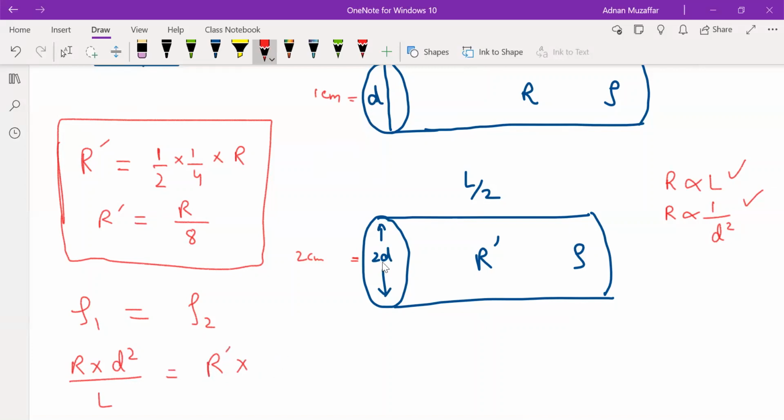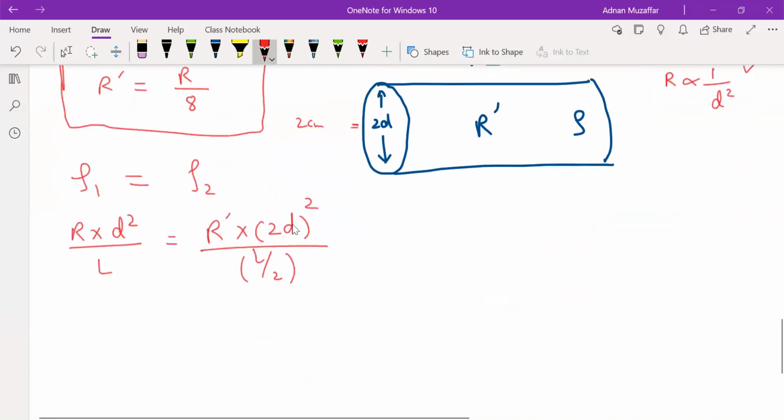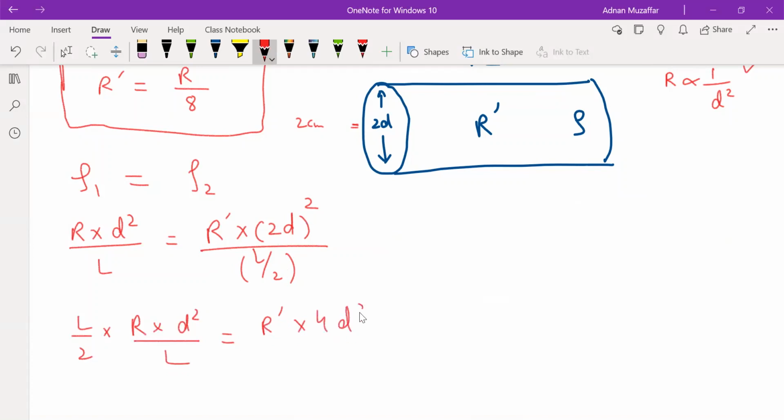Second diameter is 2D, so I can put 2D whole square, divided by second length, L by 2. Is it clear to all the steps? Yes. Now you can take this L by 2 on this side. So L by 2 multiplied by R into D square over length equals R prime into, opening the bracket, 4D square.